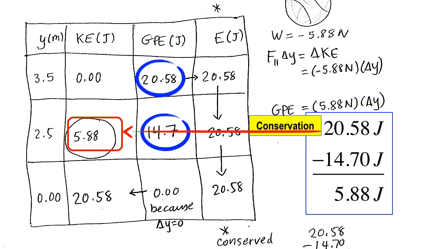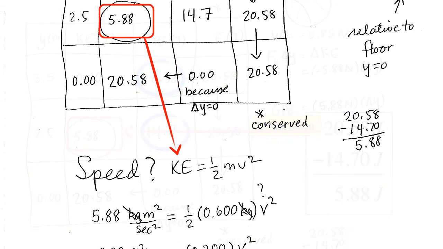Once you have that box, 5.88 joules of kinetic energy at y equals 2.5 meters, now you're ready to figure out the speed, because you know that 5.88 joules is equal to 1/2 mv squared, and we know what the mass is, 0.600 kilograms. So let's take a look at that.